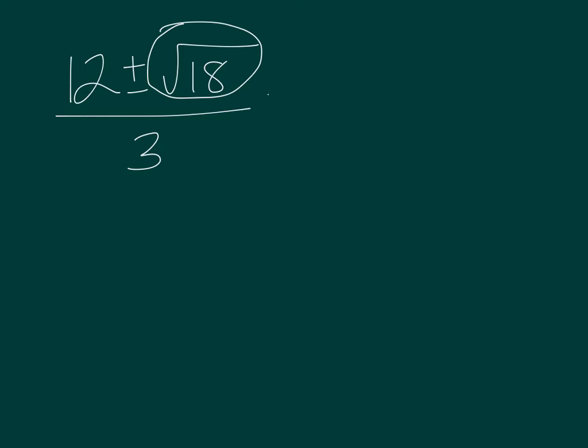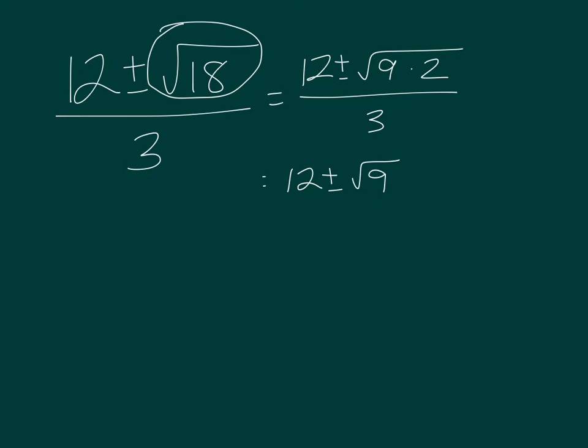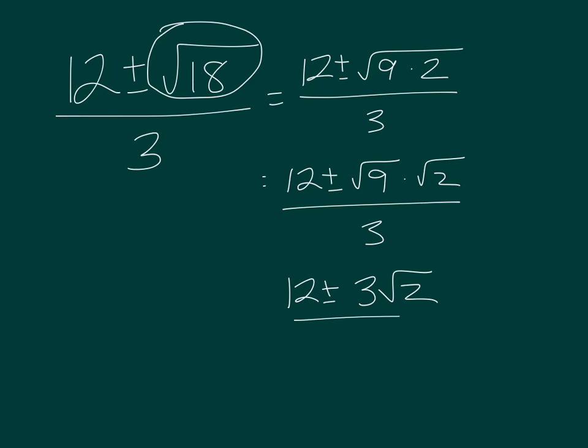So I'm going to rewrite this as 12 plus or minus the square root of 9 times 2 over 3, which then gives me 12 plus or minus the square root of 9 times the square root of 2 over 3. So then I would have 12 plus or minus 3 square roots of 2 over 3.